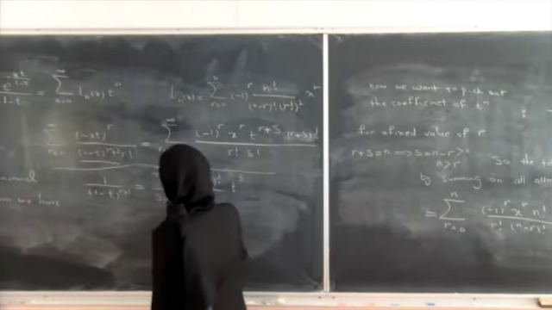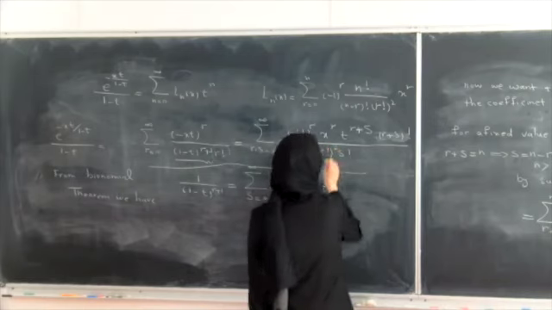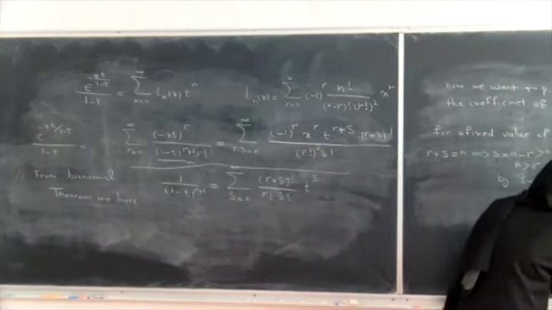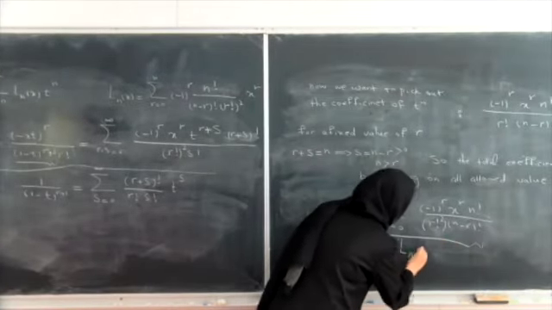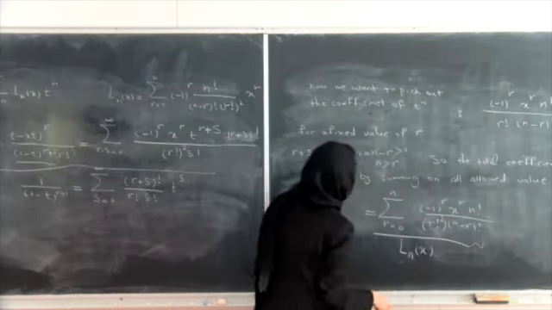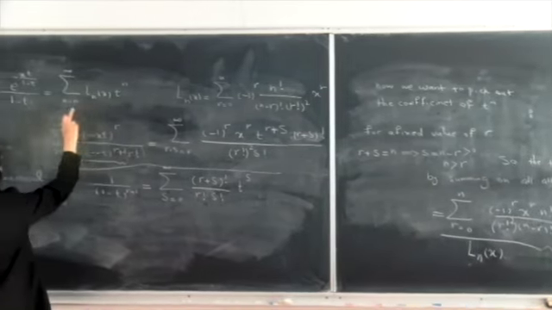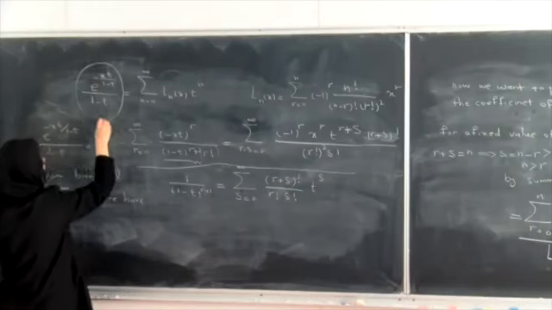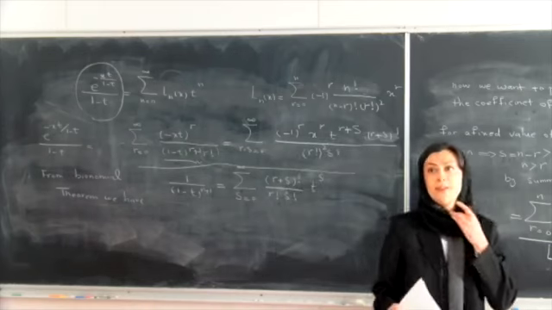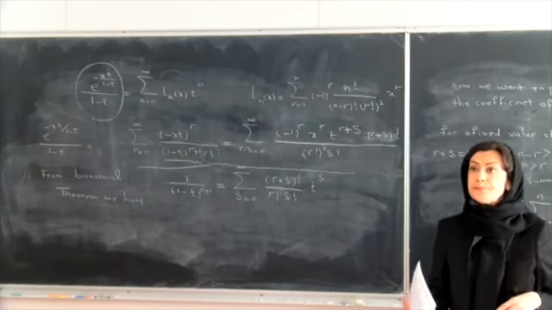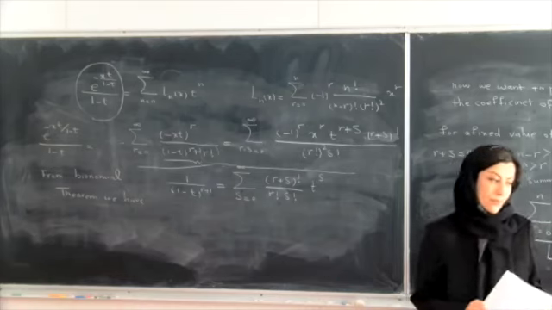We have r factorial, and by substituting this, we have r factorial here, so we have r factorial squared. And you can see that it is the Laguerre polynomial of order n. So the generating function of Laguerre polynomials can be obtained by using this function, and by using this generating function, we want to show the orthogonality property and the Rodrigues formula for Laguerre polynomials.